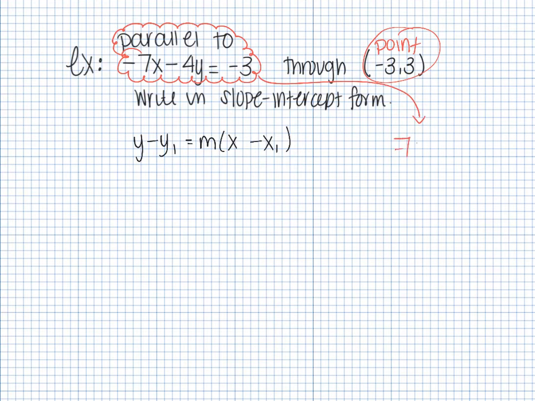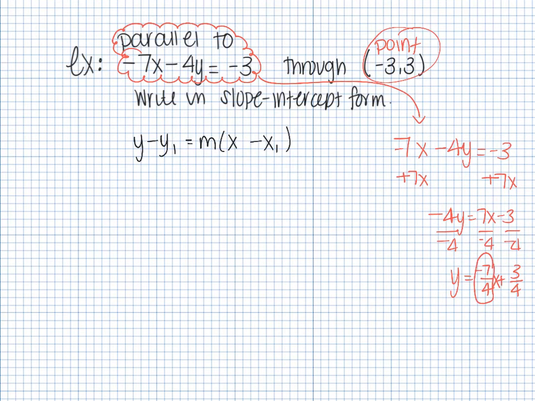So to get the slope, I need to get it into slope-intercept form. So I'm going to solve this thing for y. Okay, now I take this, that's my slope.